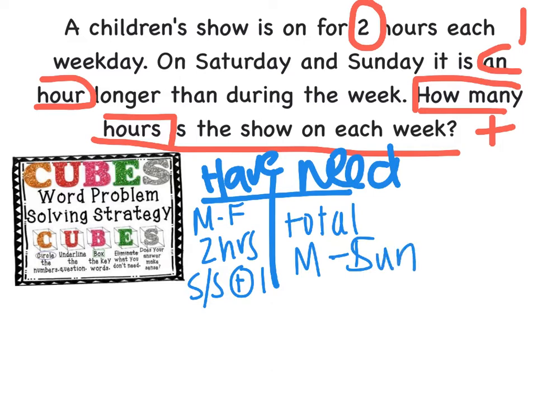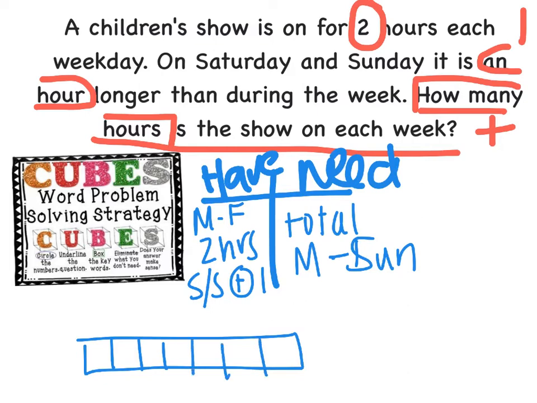So one thing that I could do is draw it out. If this is my week, I have Monday, Tuesday, Wednesday, Thursday, Friday, Saturday, Sunday. Each weekday it's on for 2 hours, and on the weekends, it's on an hour longer.